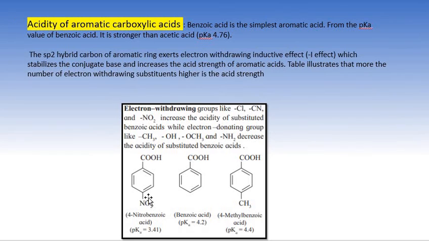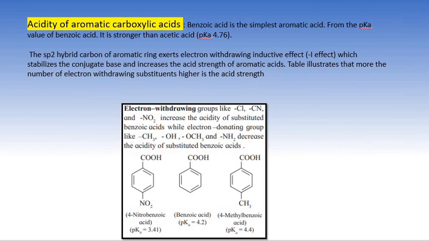Due to the presence of NO2, its pKa value is decreased. It is 3.41. And because the methyl group is an electron donating group with a +I effect, its pKa value is increased. So para-methylbenzoic acid is less acidic than para-nitrobenzoic acid.